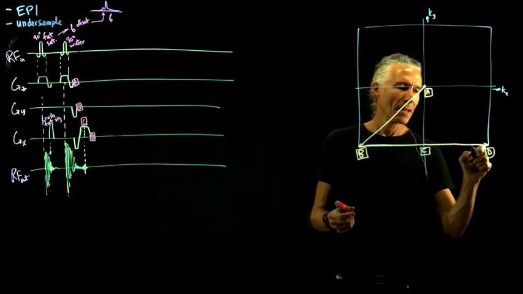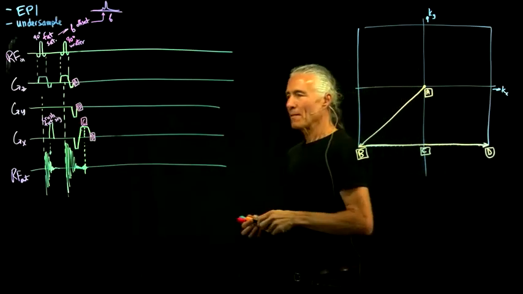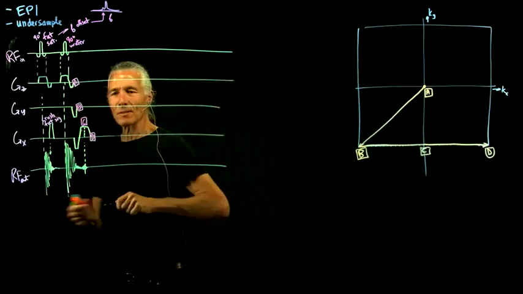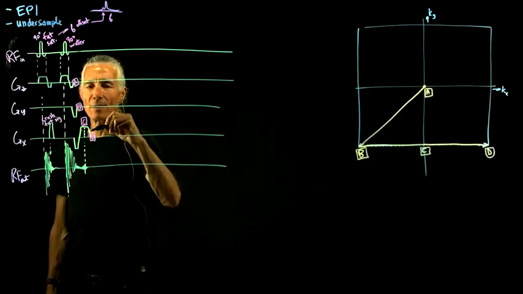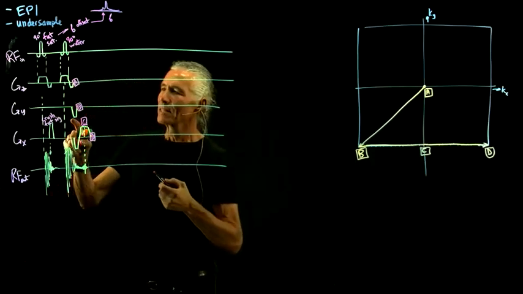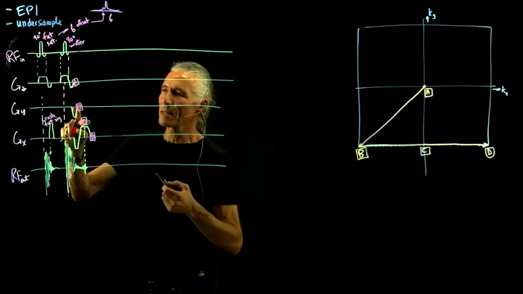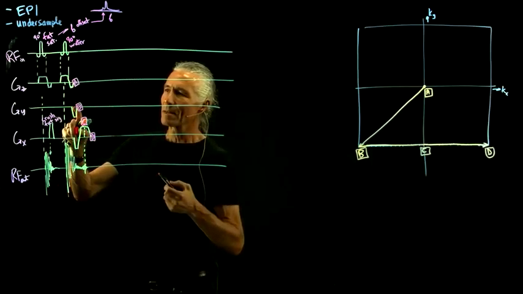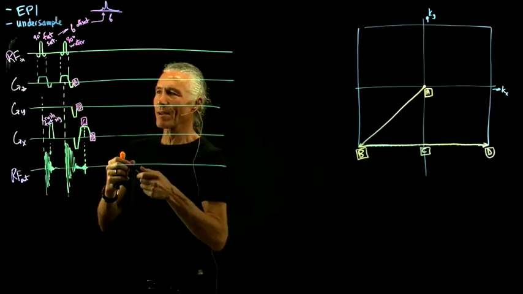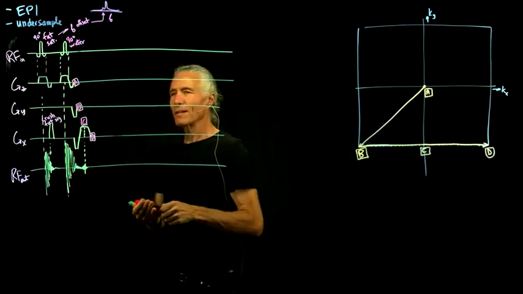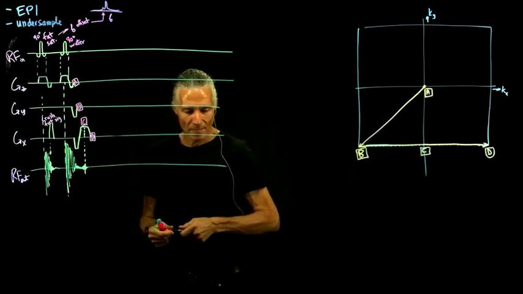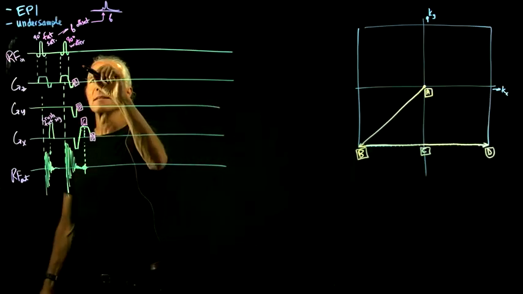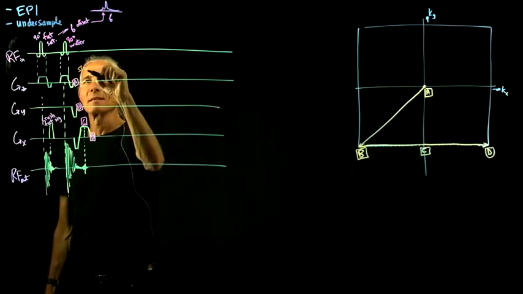But now what we do is turn the phase encode gradient on. So remember, aside from going to the bottom of k-space, we haven't really turned the phase encode gradient on. So this one is slice.